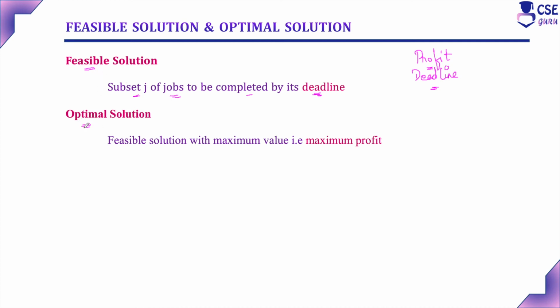And the optimal solution is nothing but the subset of n jobs that provides a feasible solution which earns the maximum profit. That is nothing but the optimal solution. So any job, if it is completed within its deadline, we can consider as a feasible solution. And this job, if it provides the maximum profit, that is nothing but the optimal solution.